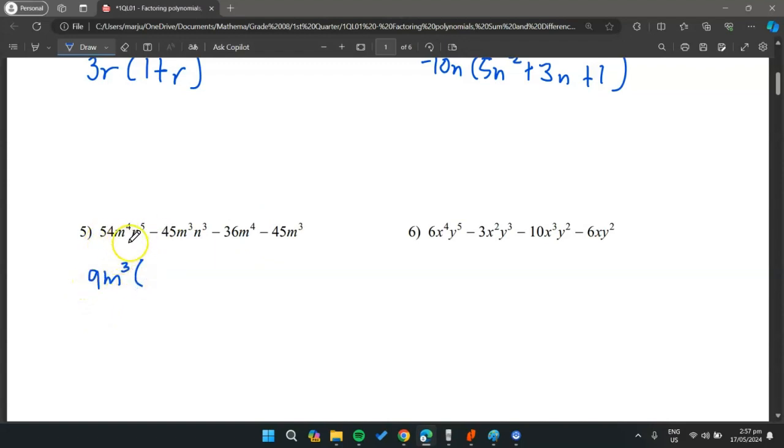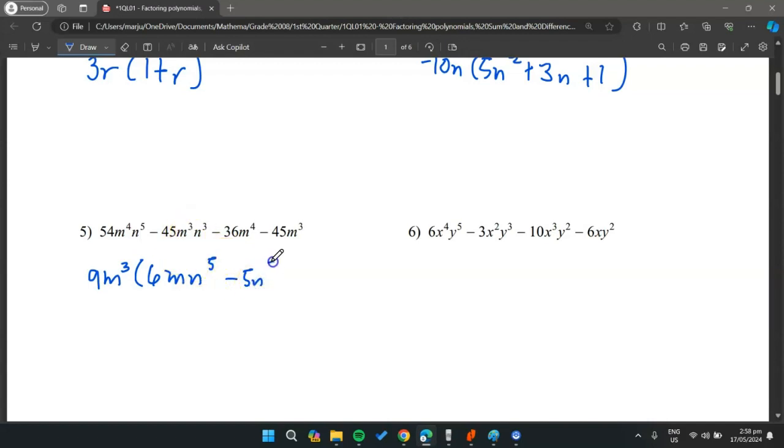So this will now become 6m cubed. Then we have m to the 4th power. So we will have 1m and then n to the 5th power minus, this is 45 and then 9. So we have 5 remaining and then cancel out m cubed.